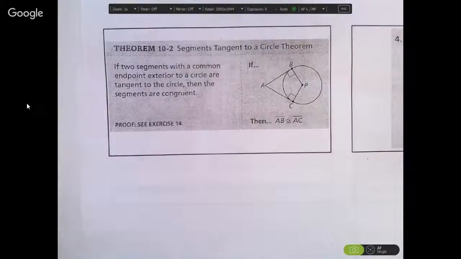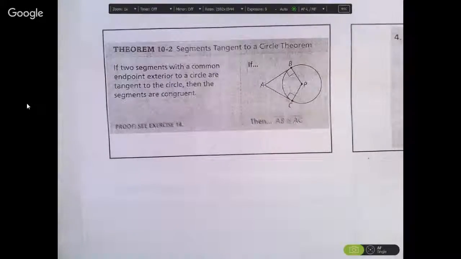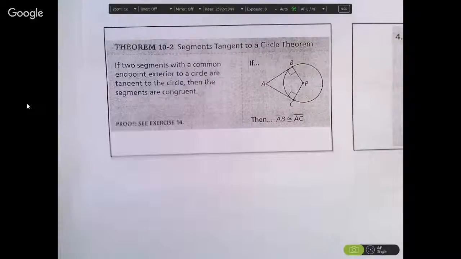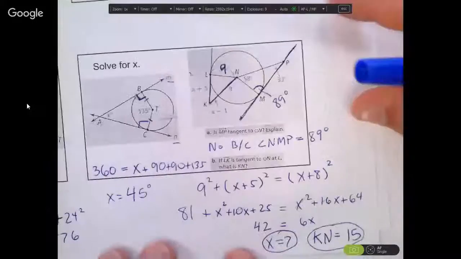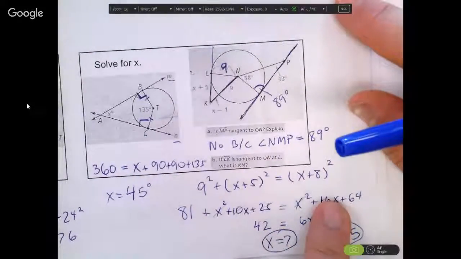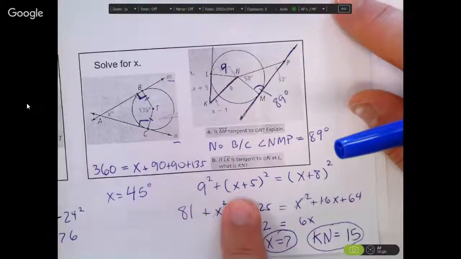How did the problem we just did, the 9 squared plus x plus 5 squared equals x squared, how did we get that? Which part? So that's the Pythagorean theorem. That's a squared plus b squared equals c squared.